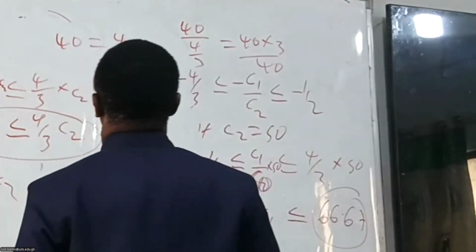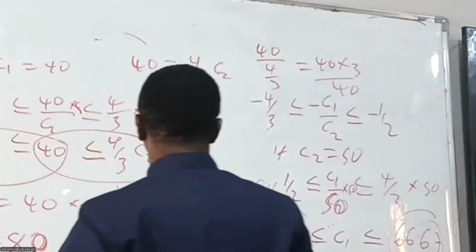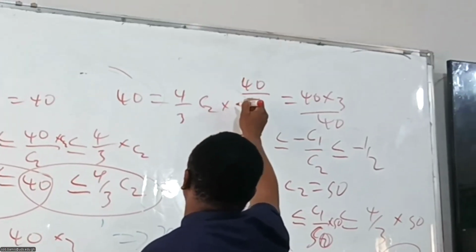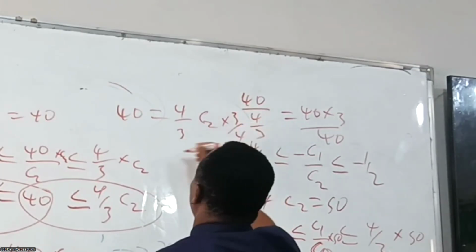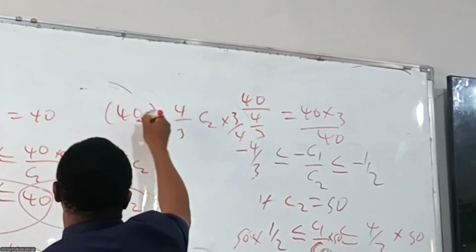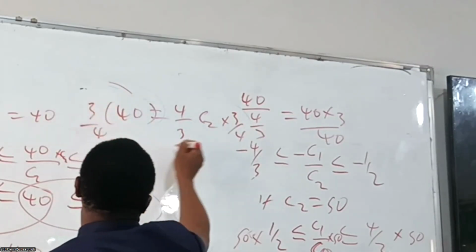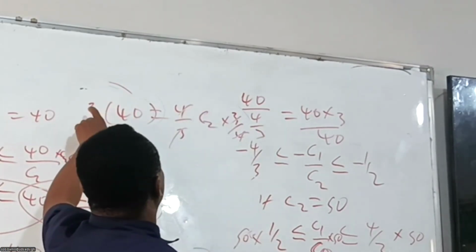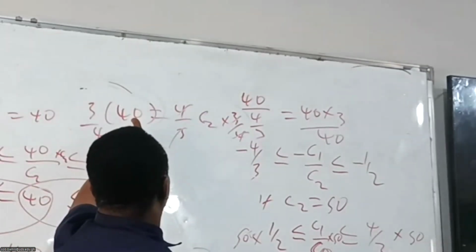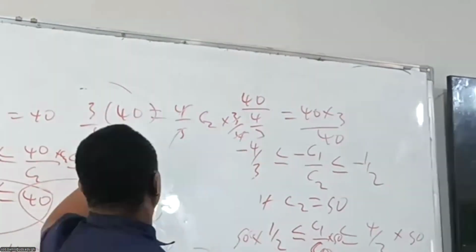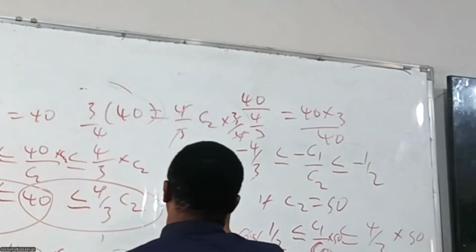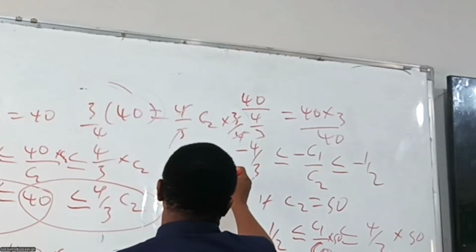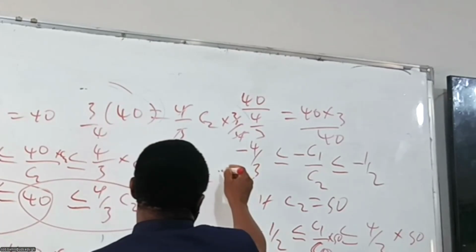The simplest way is to multiply there also by 3 over 4. So this cancels that, and you now have 3 times 40, 120 divided by 4, which is 30.